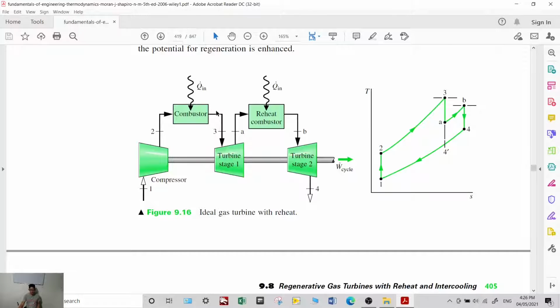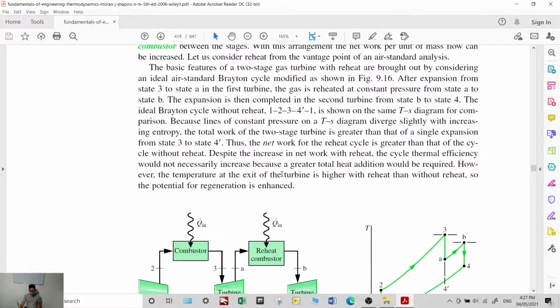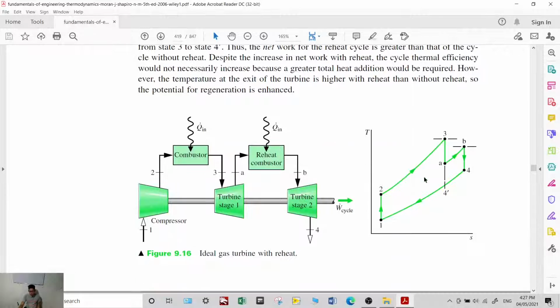Now the air is partially expanded at turbine stage 1 to state A. After stage 1, it is reheated, so there will be additional heat transfer in the reheat combustor. The temperature of the air will increase from A to B.